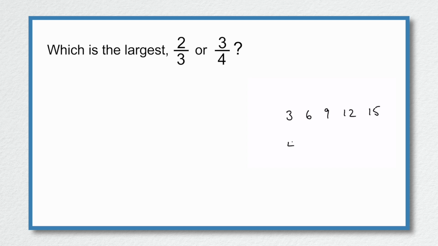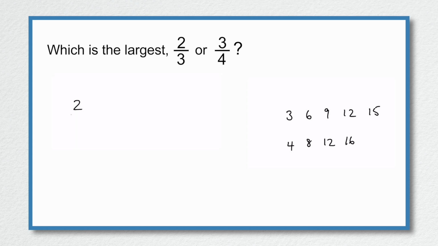And for 4 we have 4, 8, 12, 16 and so on. And we can see that the lowest common multiple is 12. And in order to compare the two fractions, we are going to write both fractions as equivalent fractions out of 12. I'll show you what I mean.